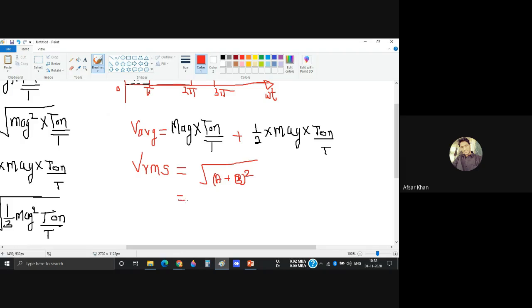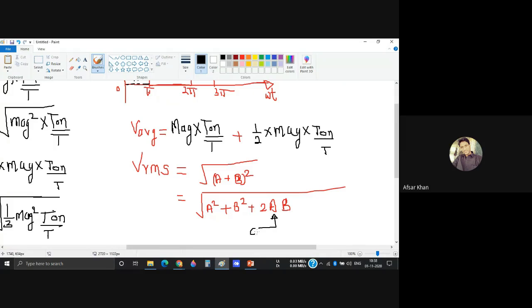So how can we write A plus B whole square? A square plus B square plus 2A into B. And we know that this A square is nothing but the average value of the square, and B square is the average value of the triangle. For A, we have to take the constant magnitude only.